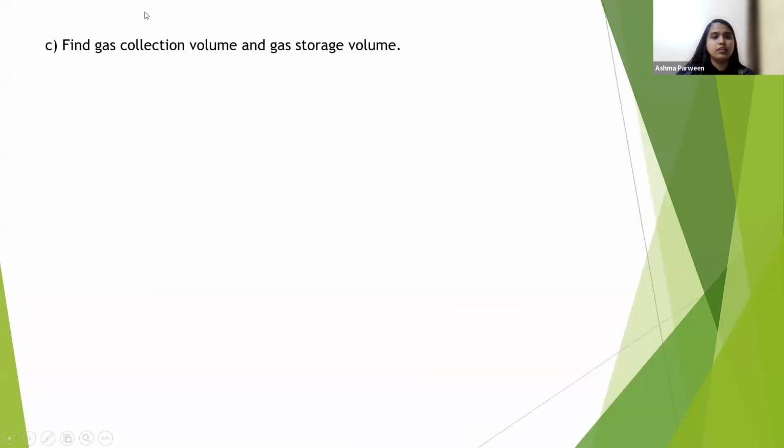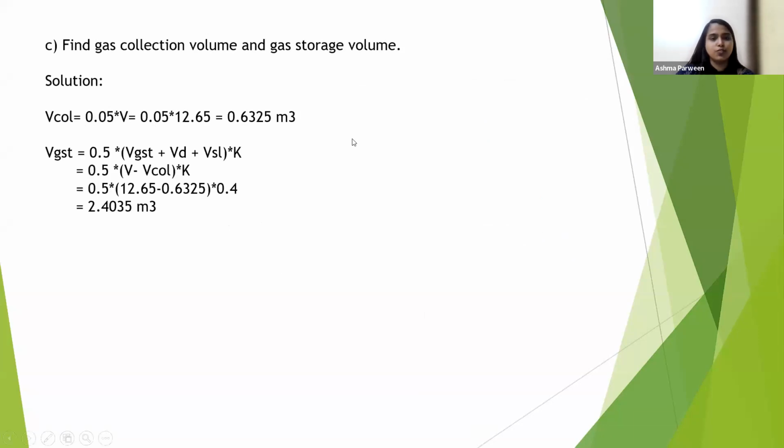So we have to find the gas collection volume and gas storage volume. Gas collection volume is given as 0.05 times the total volume, and we have the volume of the digester as 12.65. So gas collection volume will be 0.05 times 12.65, that will be 0.6325.